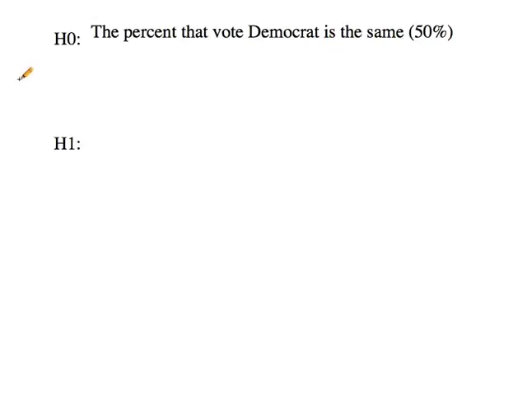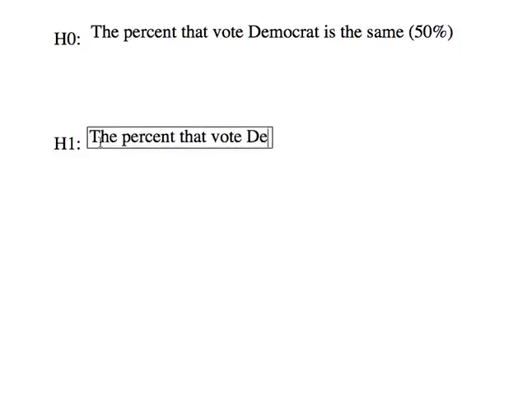All right, so what about now? Well, they're hoping that their candidate does better, but they're not sure. He could tank. In other words, the media really doesn't know. They just think that maybe it's going to change. And so they're going to say that the percent that vote Democrat changes.